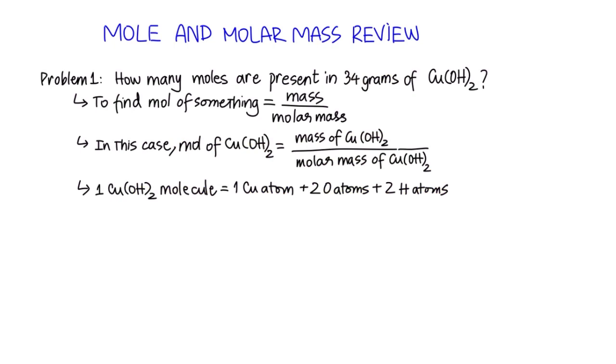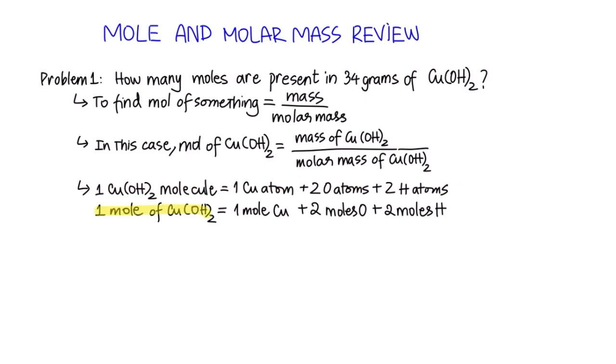We can go back to the concept of how 1 Cu(OH)2 molecule consists of 1 copper atom, 2 oxygen atoms, and 2 hydrogen atoms. From that, we can say 1 mole of Cu(OH)2 would consist of 1 mole of copper plus 2 moles of oxygen plus 2 moles of hydrogen.